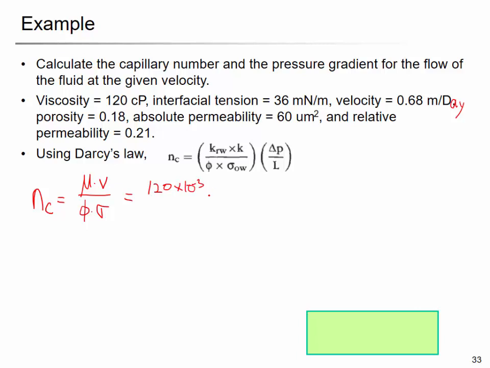What's the SI unit for centipoise? Pascal second? 10 to the negative 3, right? And velocity, meter per day, times 24 hours, 60 minutes, 60 seconds.